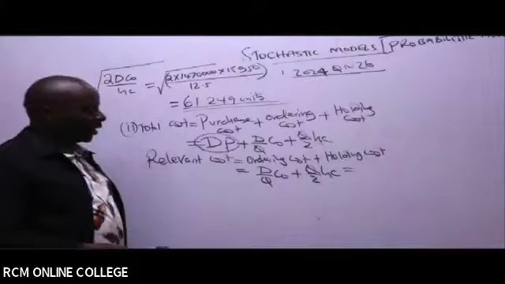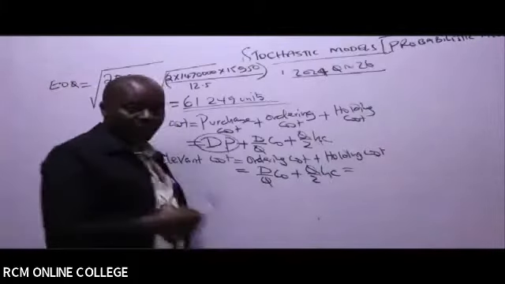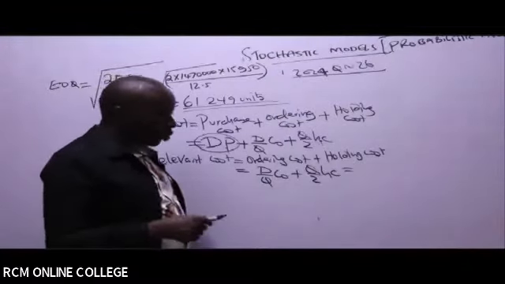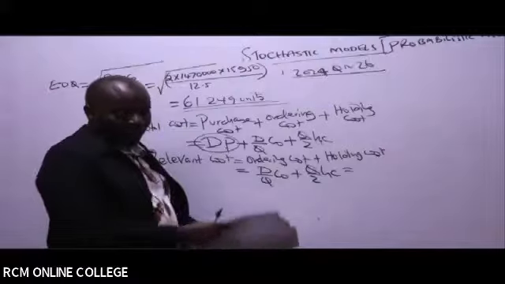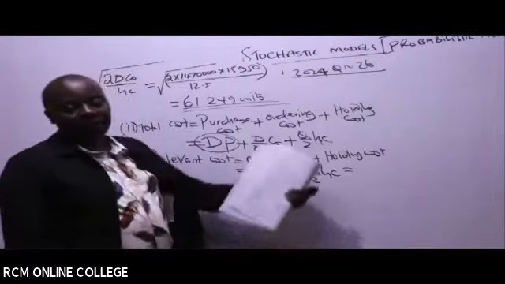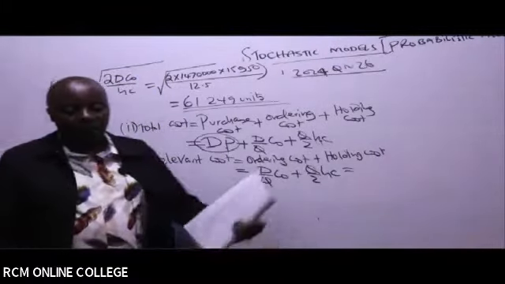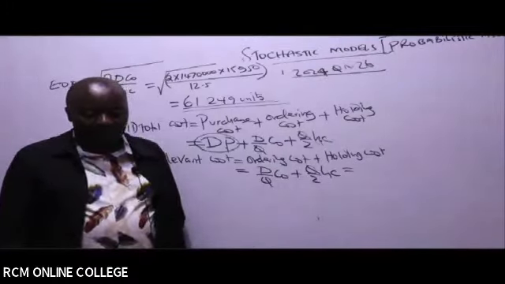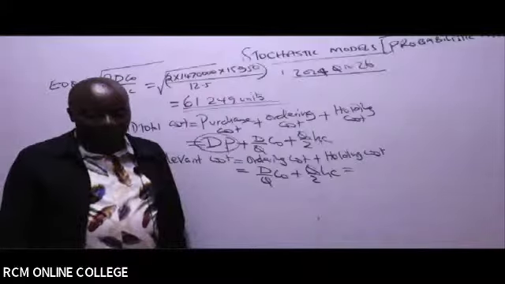Don't forget that this quantity is the economic order quantity, which we got up there. Whenever you see Q, use the economic order quantity and then give me an answer. I'm all eyes to see your figures.